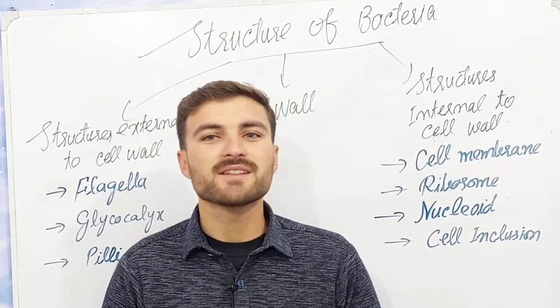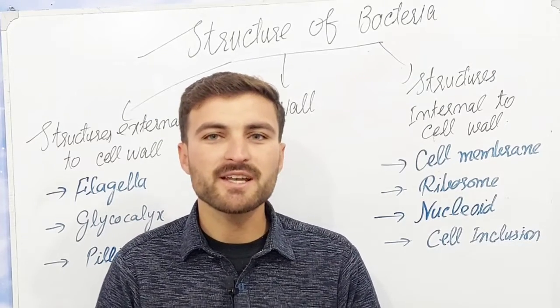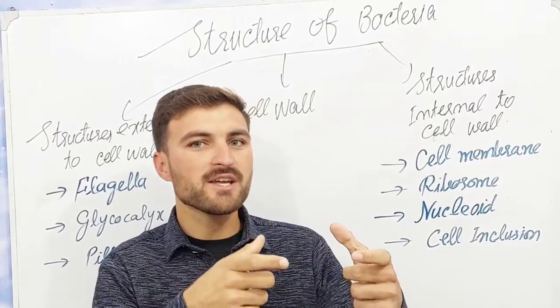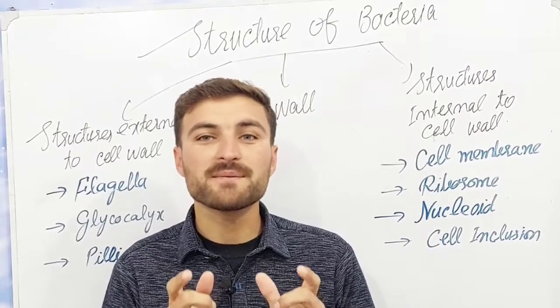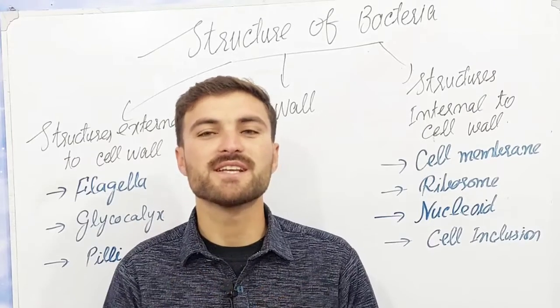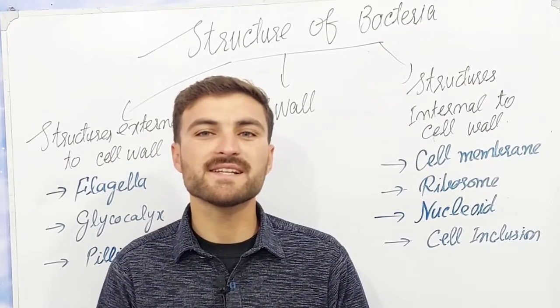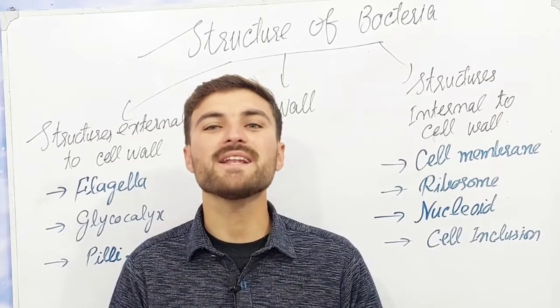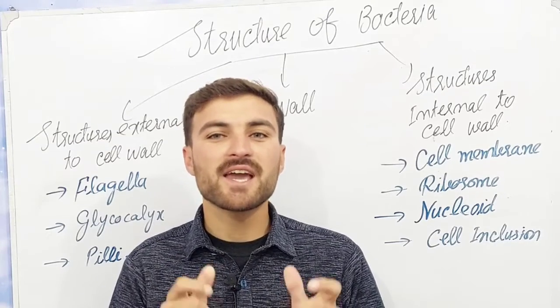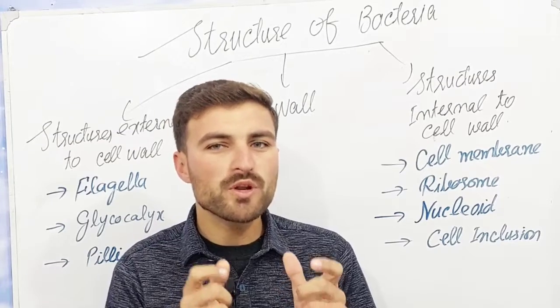It means their genetic material is not enclosed by a nuclear membrane. So this is one of the biggest differences: the eukaryotic cells have a true nucleus, while the prokaryotic cells have no true nucleus.